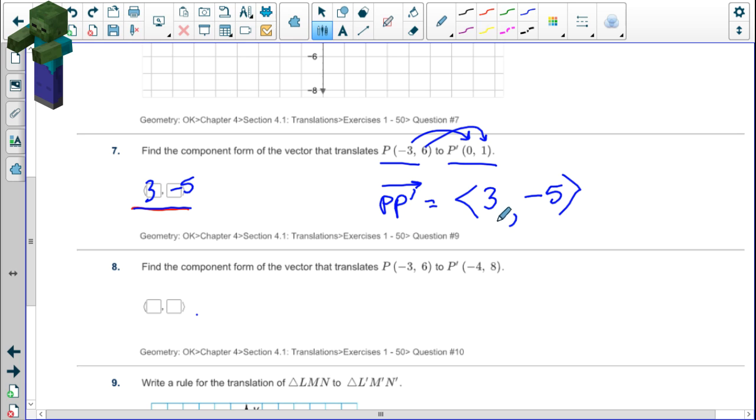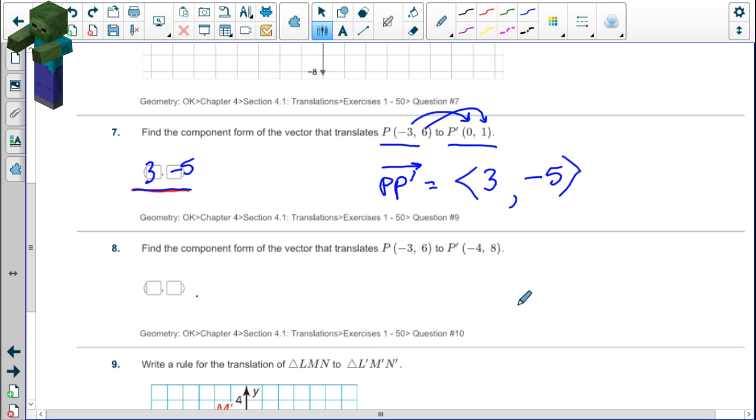It's not too difficult, I don't think, but it's going to take a little bit of thinking and reasoning to determine what you're doing. Then I want you to try number 8 on your own, same kind of thought process. If you need to, just rewind and rewatch that part, how we got there.